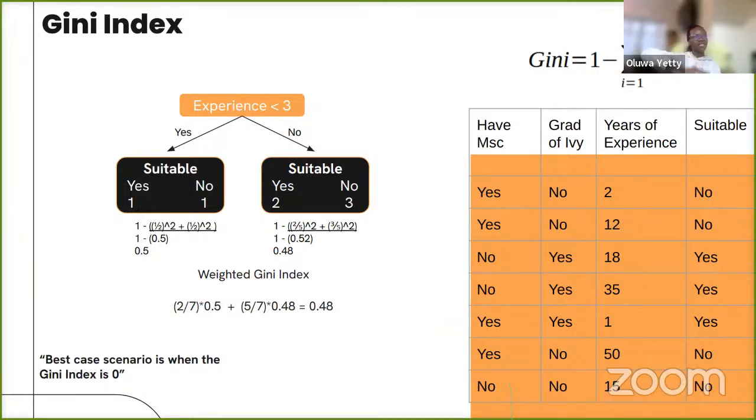So the weighted Gini index is taking us above the leaf node and trying to see how pure that part is, not just the leaf node in this case, but going up above the node and checking the branches that led us to that node and calculating how pure they are. So that's why we call it the weighted Gini index.